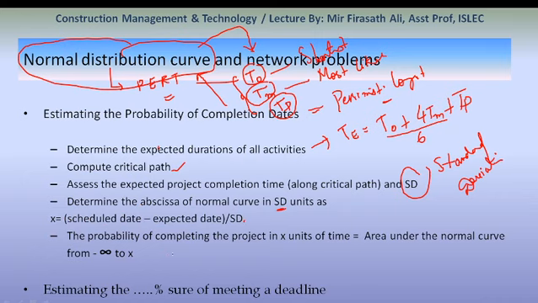The probability of completing the project in X units of time is equivalent to the area under the normal curve from minus infinity to X. Always we will measure it from minus infinity to X. Next, estimating the percent sure of meeting a deadline, whether 95%, 25% or 35% sure, can also be calculated from the normal distribution curve.